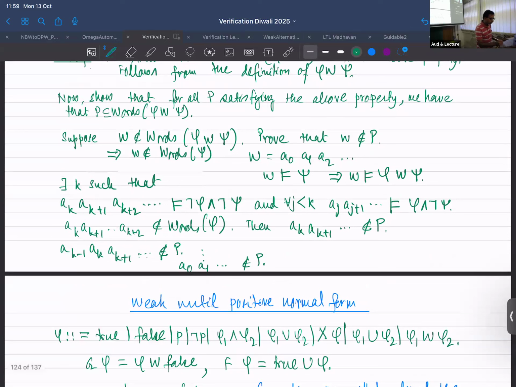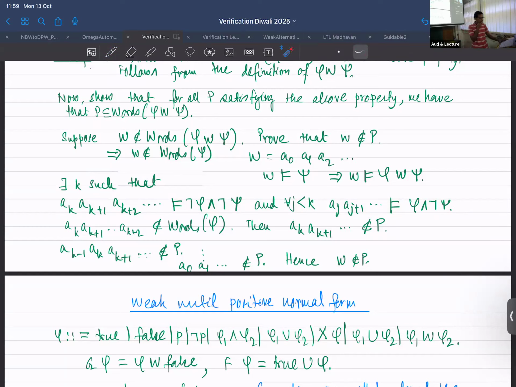This is the word W. Hence, W does not belong to P. We started with the fact that W does not belong to words of phi weak until psi, and we showed that W also does not belong to P.